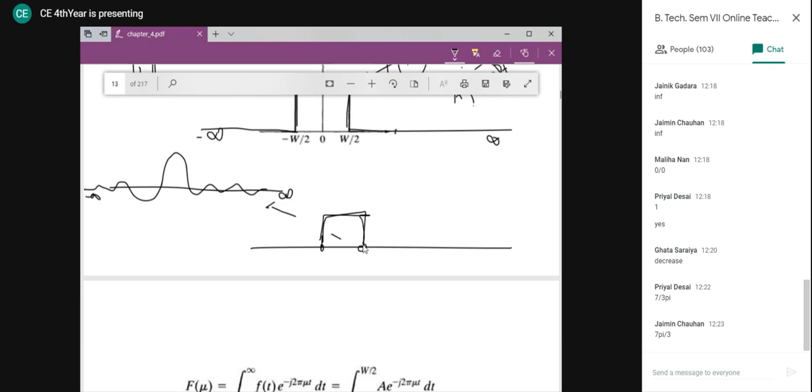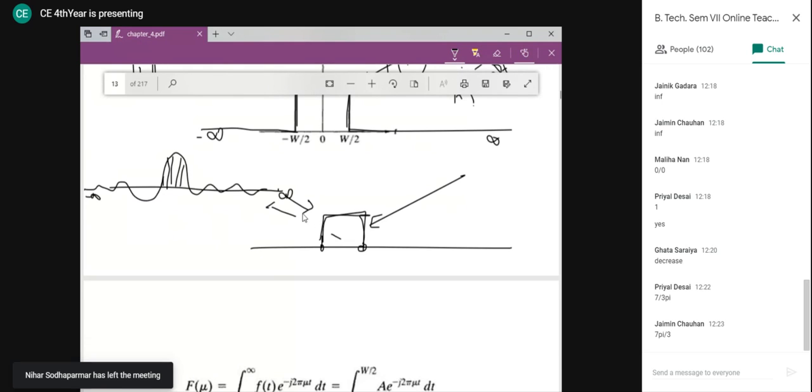To represent this pulse as a summation of sinusoidals, I need sinusoidals of this frequency, this frequency, all the frequencies with particular amplitude. Because the span of my curve is from minus infinite to plus infinite, I need a large number of sinusoidals with decaying amplitude. Of course, the amplitude of higher frequency sinusoidals will not be that large, but still, they must exist to make this curve.